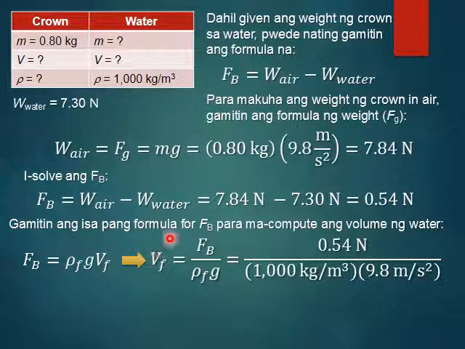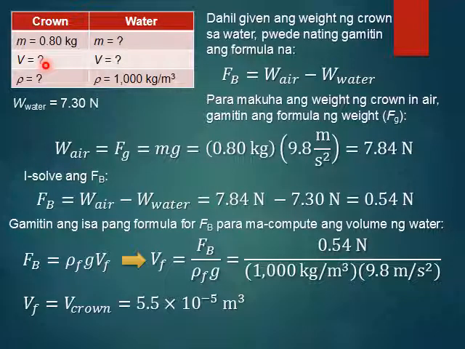Remember, kaya natin to kailangan i-compute kasi alam natin na yung volume ng displaced water ay parehas lang sa volume ng crown. So, therefore, the volume of the displaced water and the volume of the crown is equal to 5.5 times 10 to the negative 5 cubic meters.